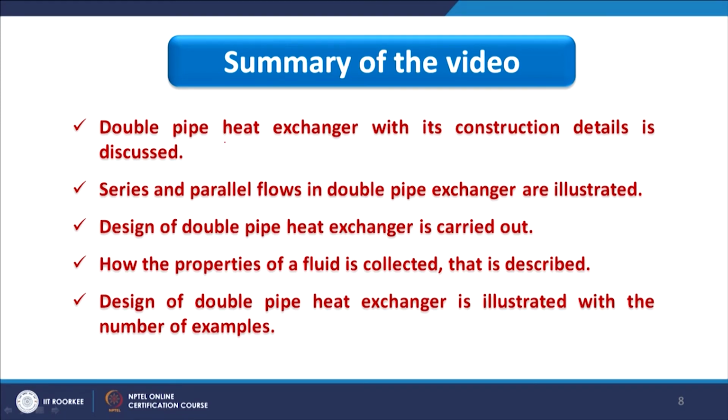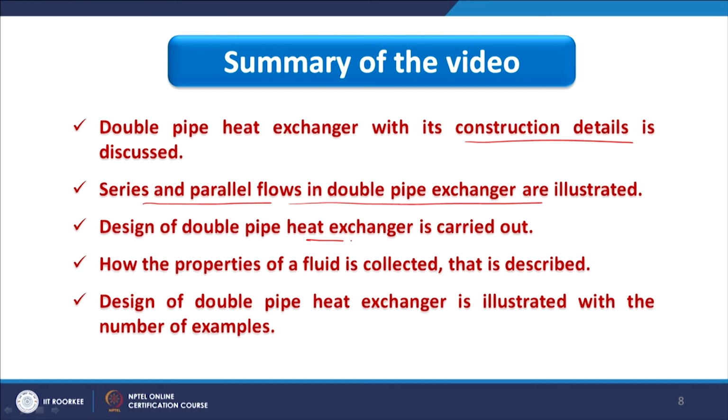And now I am going to summarize the video, and this summary corresponds to the double pipe heat exchanger which we have covered in lecture 1, lecture 2 and lecture 3 of week 2. In these videos double pipe heat exchanger with its construction details is discussed in detail. We have discussed series and parallel flows in double pipe heat exchanger.